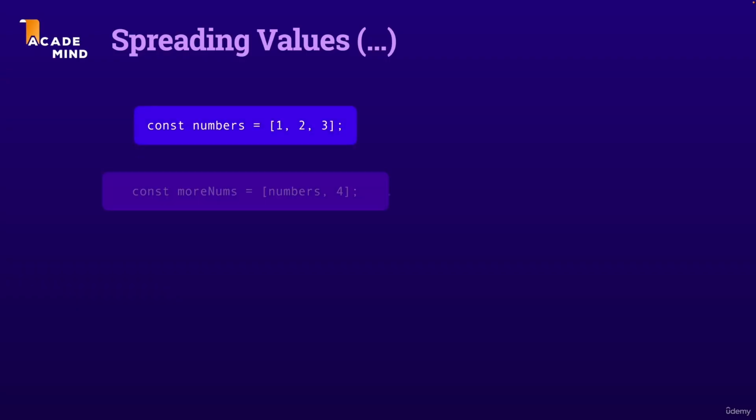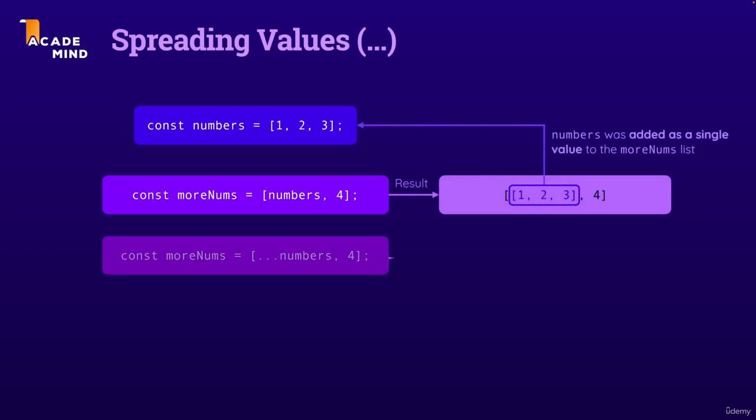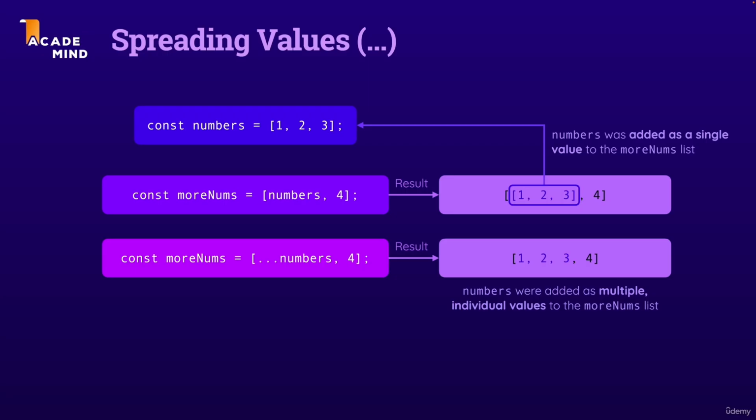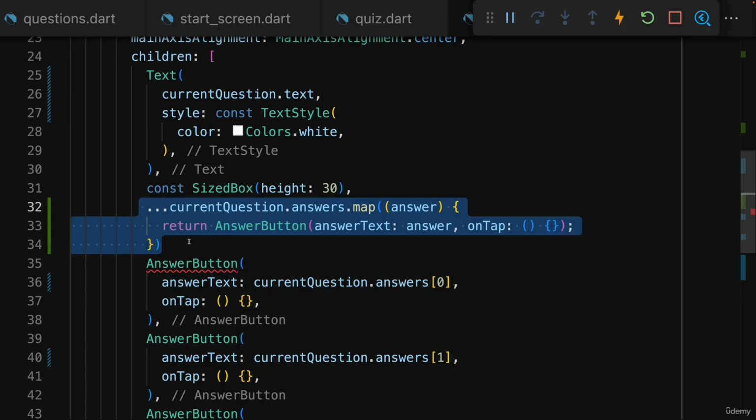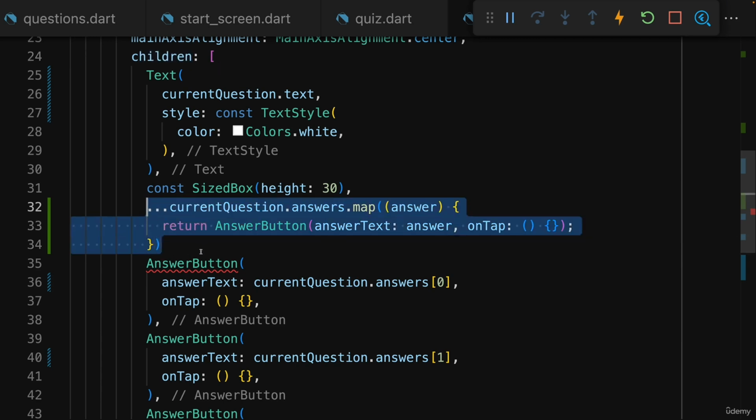And these 3 dots will simply take all the values in a list or an iterable and pull them out of the list, pull them out of the iterable, and instead place them as comma-separated values in this place in code here. So now these answer buttons in this list of answer buttons here are pulled out and added as individual comma-separated answer buttons to this list here, which is set as a value for children. That is what's happening here with this code.